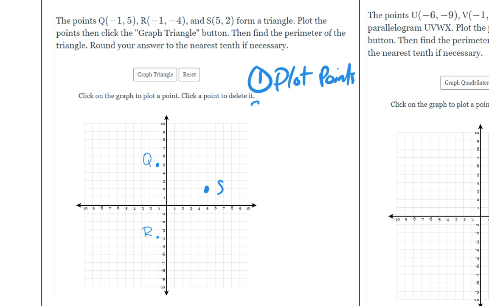So then step number 2: first we plot it, then we click graph triangle.